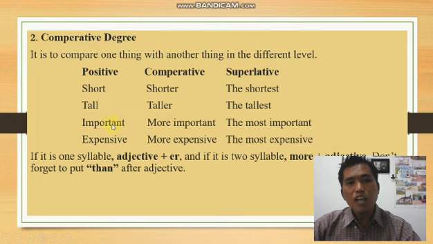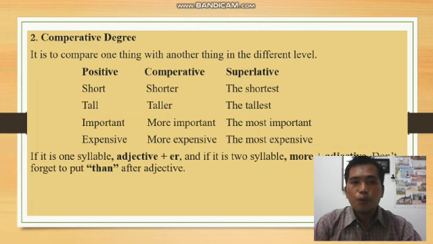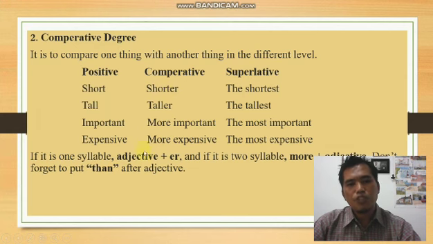How many syllables is important? Three syllables, right? As well as expensive, more expensive. And please don't forget to put than after the adjective. We only use than for comparative degree. We don't use than for superlative. We don't use than for positive. Okay?